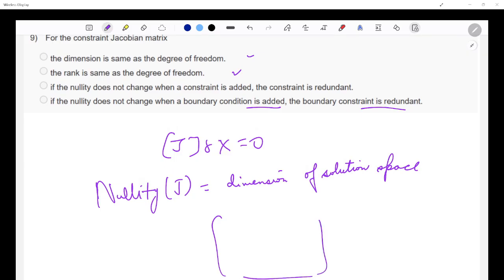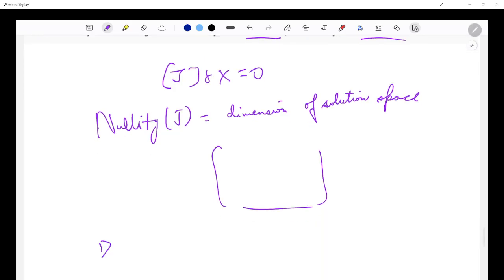Okay. There are two possibilities. It could be that the constraint is independent. In this case, nullity decreases and degrees of freedom reduces. The other case can be that the constraint is redundant, nullity does not change, and degrees of freedom remains the same.